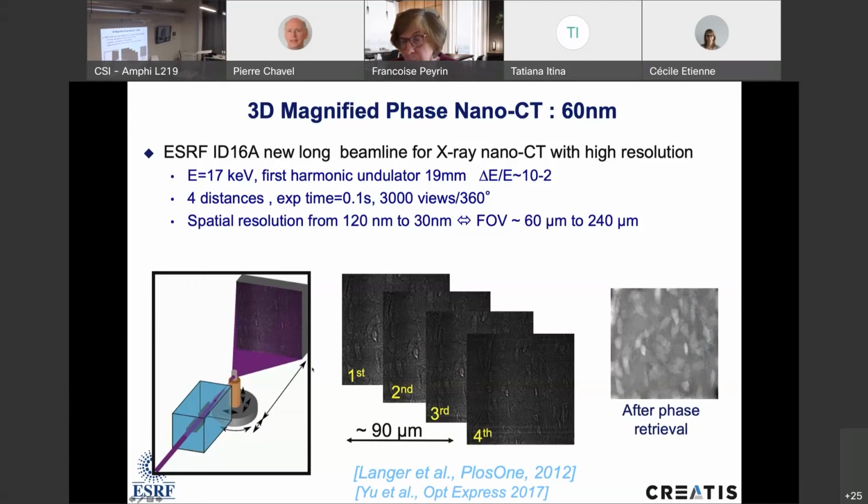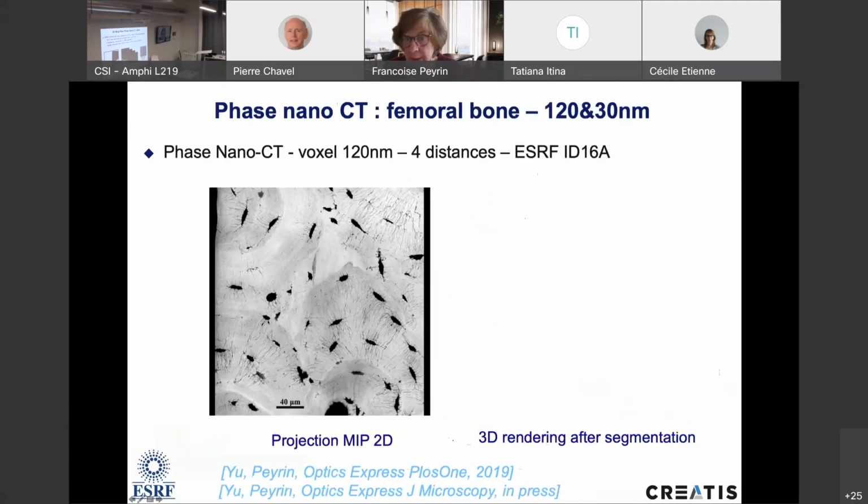We could acquire images at different distances and perform phase retrieval, and finally obtain such an image of a piece of human bone at 120 nanometers, where the small black features are the osteocytes, and you can see on this projected image little channels, which are the canaliculi joining the different osteocytes.